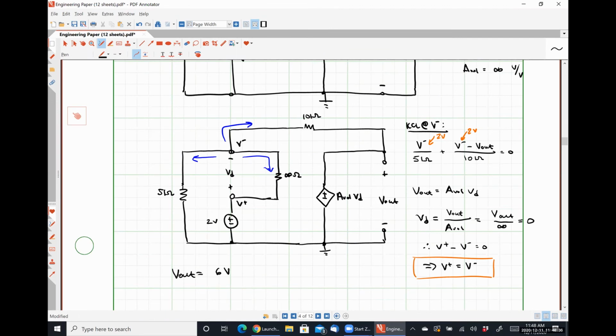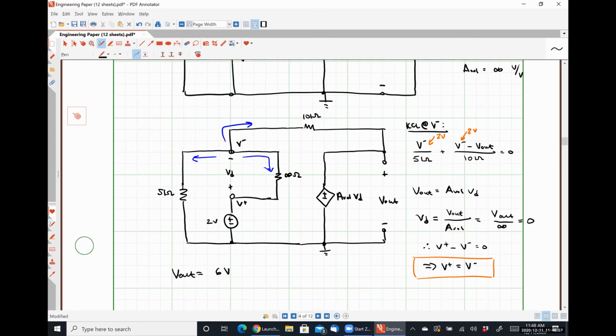We saw that the input resistance seen by our voltage source wasn't infinite, but it was significantly larger than any resistance actually in our system. And we saw that our output resistance was thousands of times smaller than any resistance in our system as well.